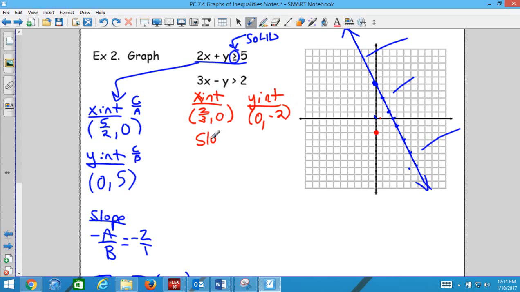My slope is negative a over b. -3 over -1, so 3. And then from my y-intercept, I'm going to go up 3 over 1.